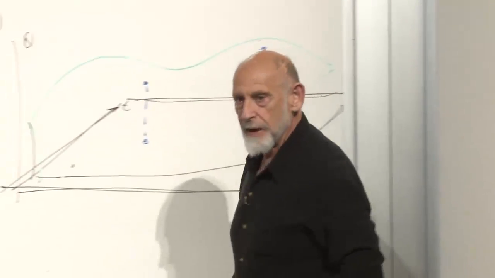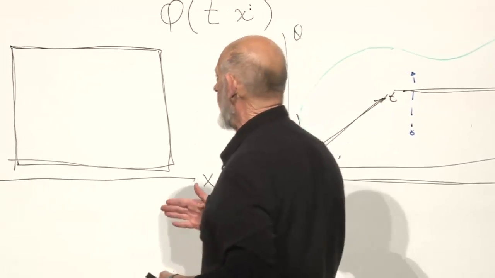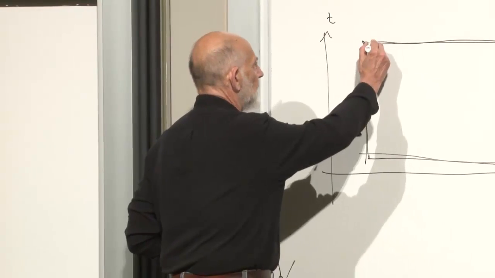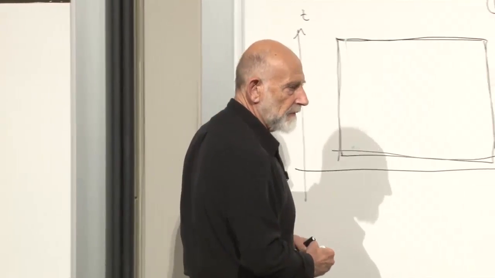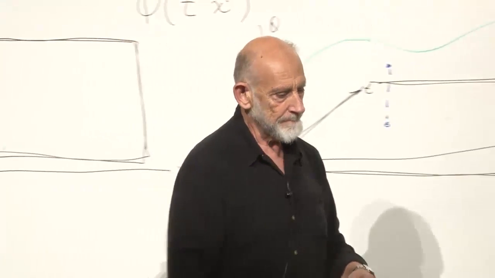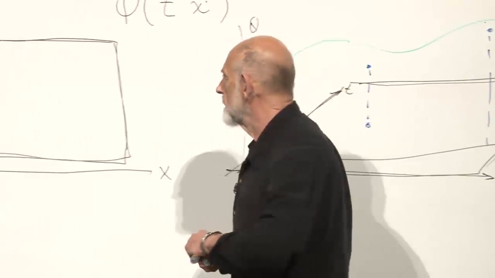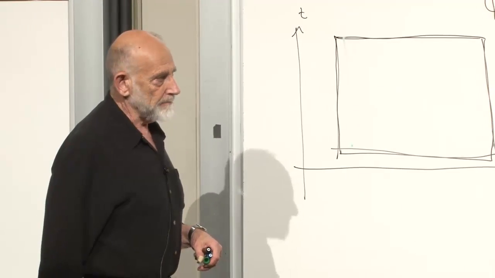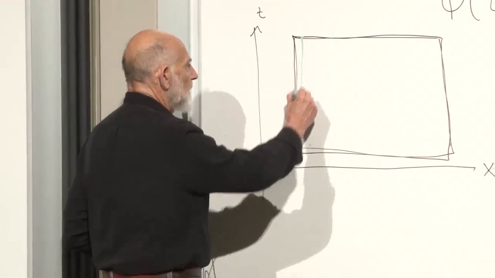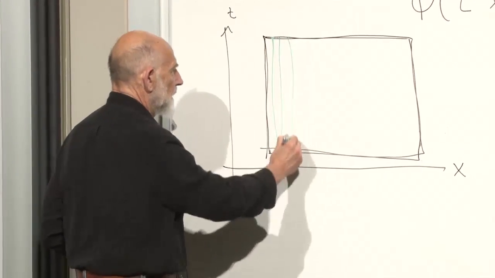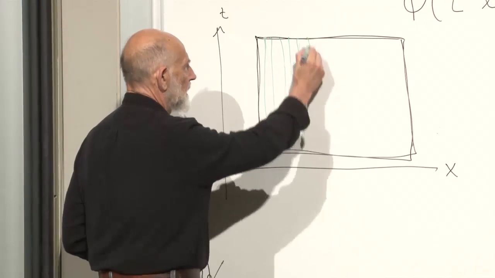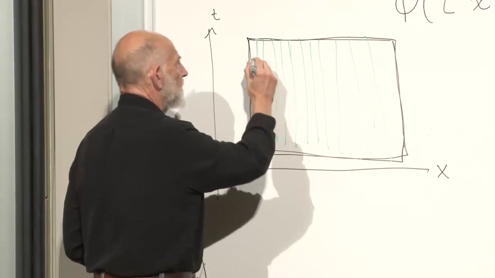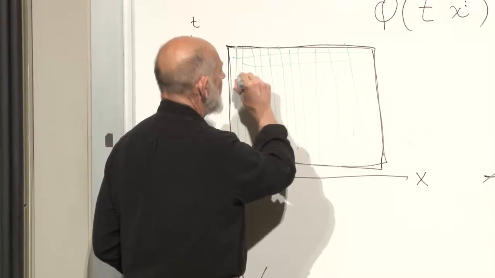We're going to assume that the action is a sum of terms, one for each cell, if we divided this thing up into tiny cells. In other words, that it's an integral over space and time. So we take our region that we're interested in, we break it up into a lot of tiny little cells.